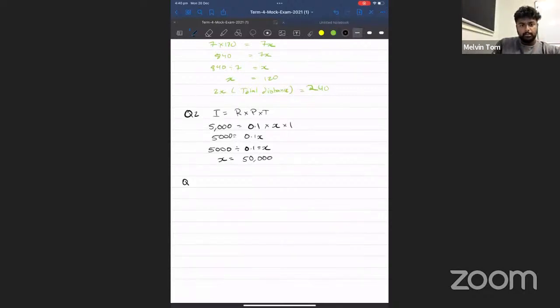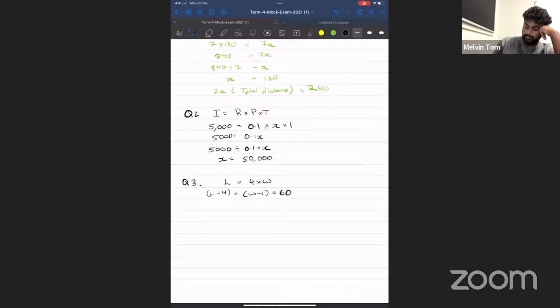We know that the length is 4 times as long as it is wide, so length is equal to 4 times W. And then if you increase the length by 4 inches, so length plus 4, multiplied by the width decreased by 1, you get 60.